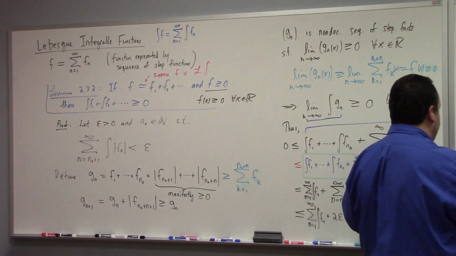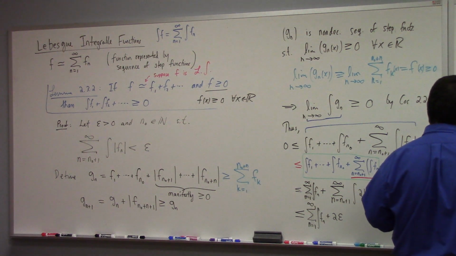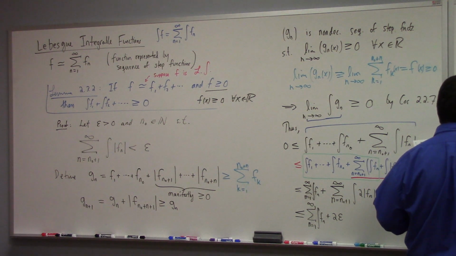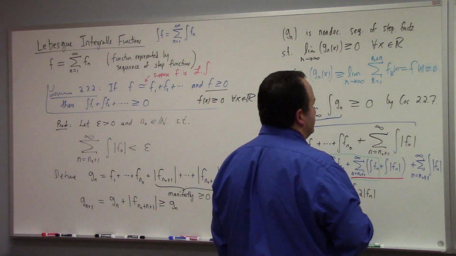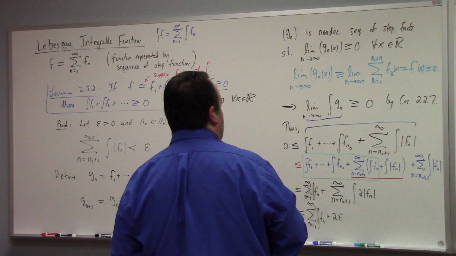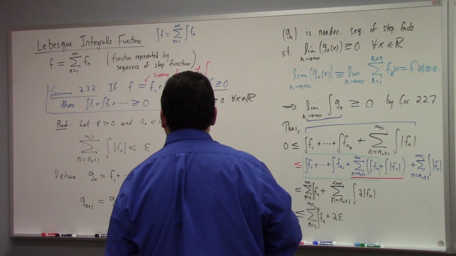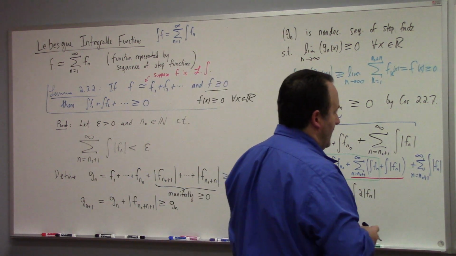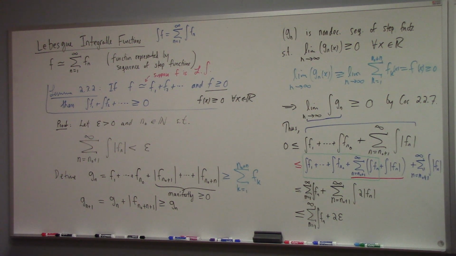Then by lemma 2.32, what's that give us? Oh, wait a minute. How does lemma 2.32 apply? So this is greater than or equal to 0. That's clear?